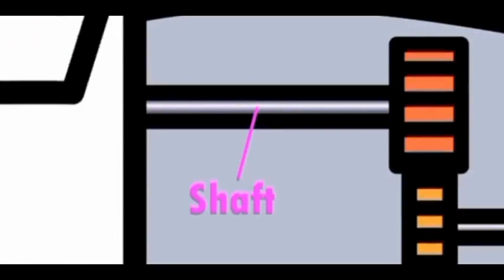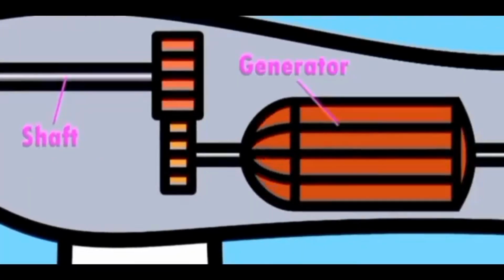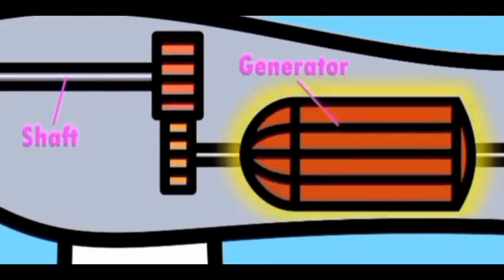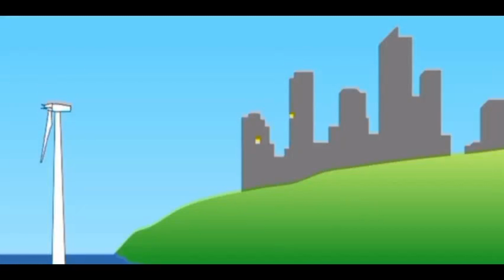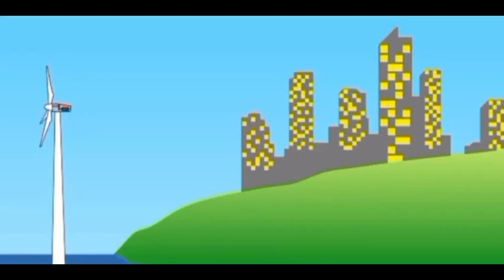When the blades turn, this causes the shaft inside the windmill to rotate. This shaft is connected to the generator, making it spin. The spinning generator generates electricity.